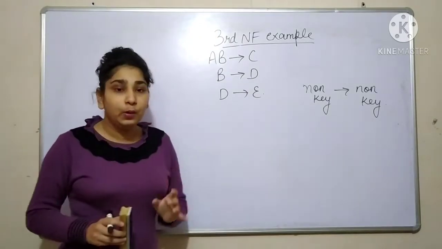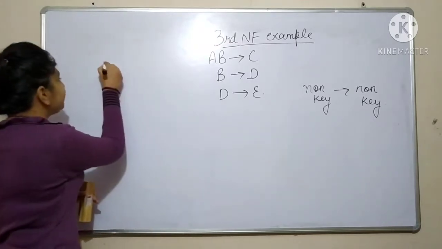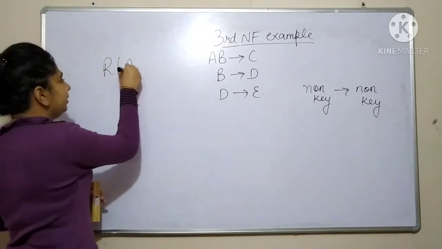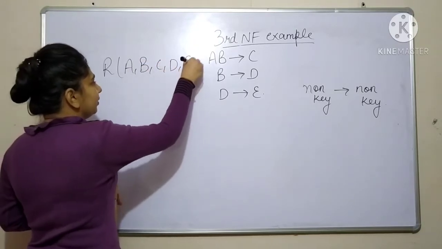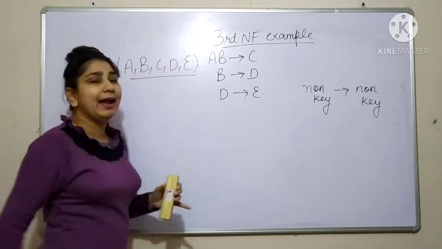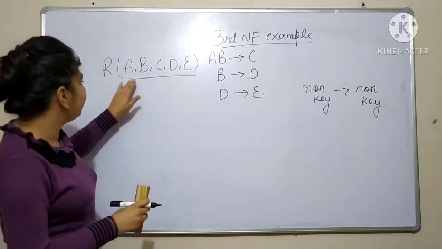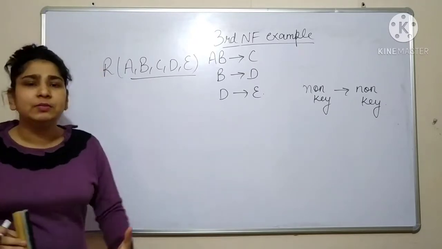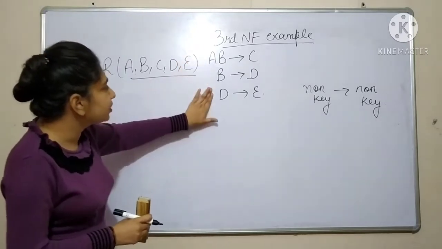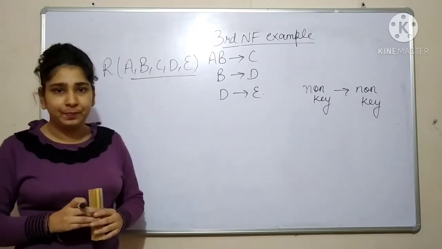Let's take an example. Suppose we have a relation in which 5 attributes are present, and we are given the various functional dependencies of this relation.